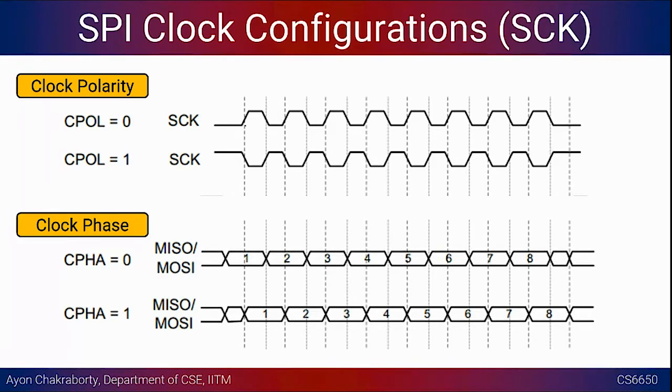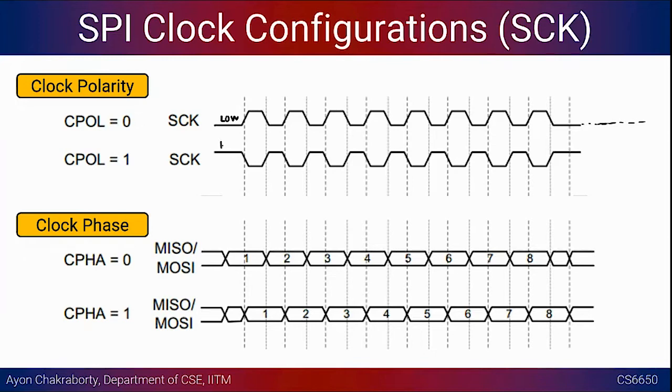So this is very simple. For clock polarity, there are only two options. If the base of the clock is kept at low, so let's say this is the logic low, then we say the clock polarity is 0, right? So if it is kept in the low state, the clock polarity is 0.